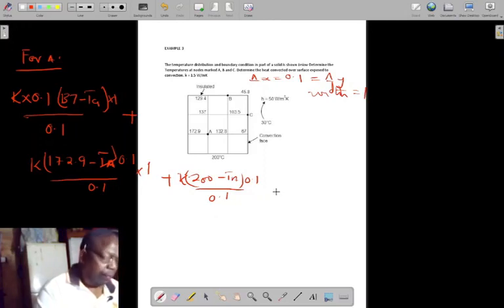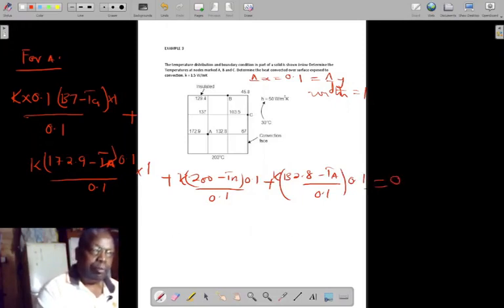Then we have plus, looking at this face here, 132.8 minus TA over 0.1, k times 0.1, and all of that is supposed to be 0.